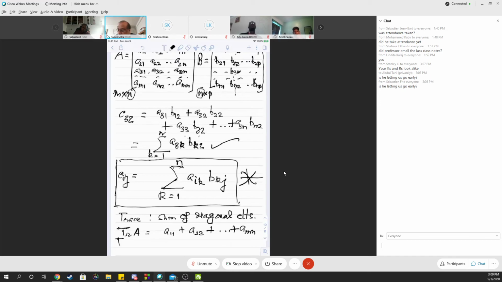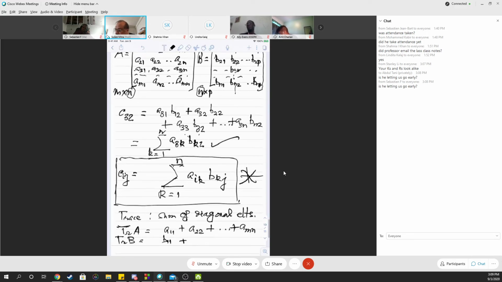Trace of B is B11 plus B22 plus up to Bmn. Professor, what does the first trace say? Trace is the sum of the diagonal elements.